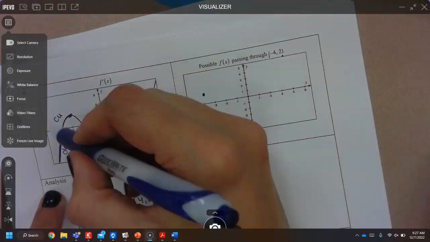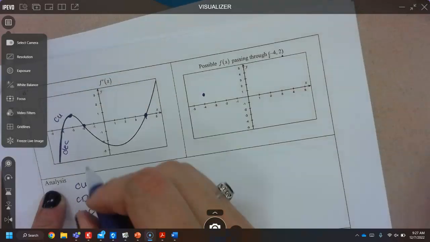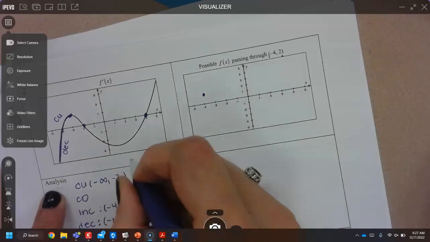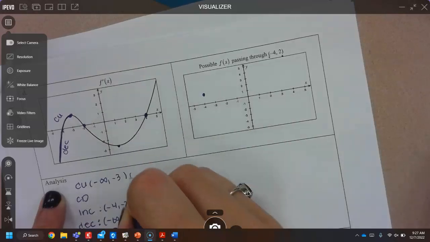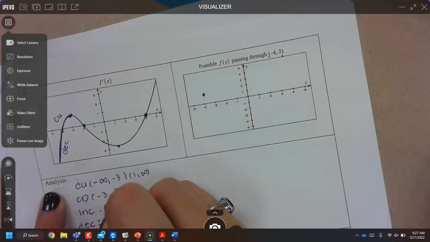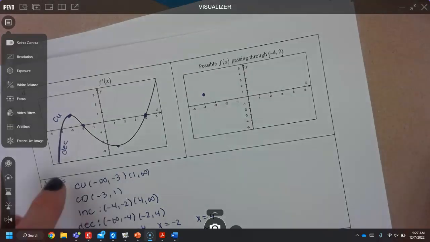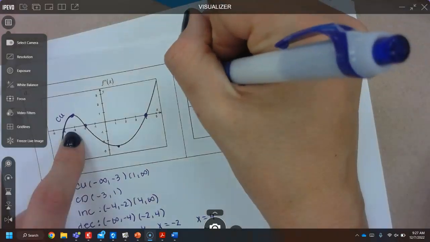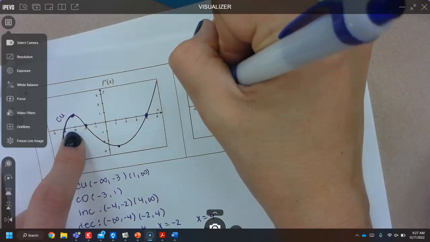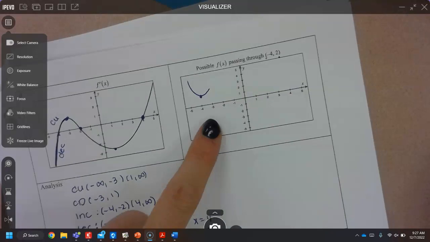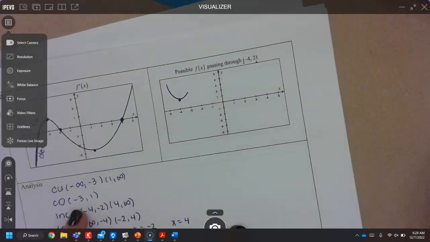And then because this is increasing, it's concave up. So I'm going to be concave up until about -3. And then at -3, my graph changes to concave down.